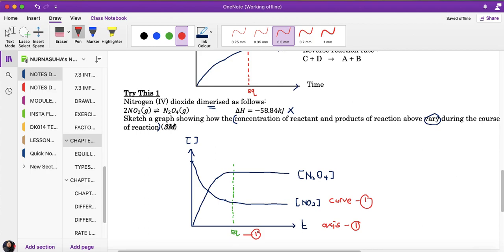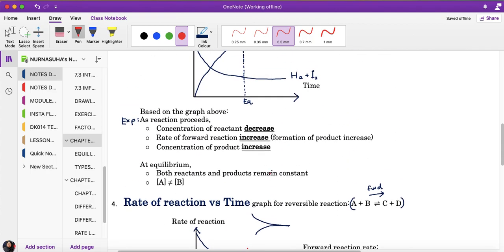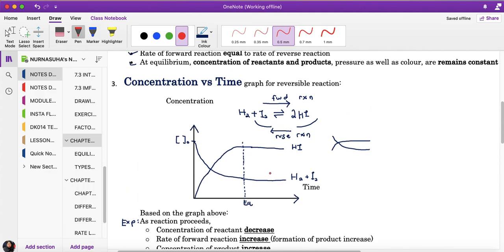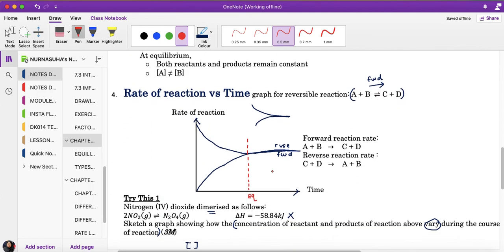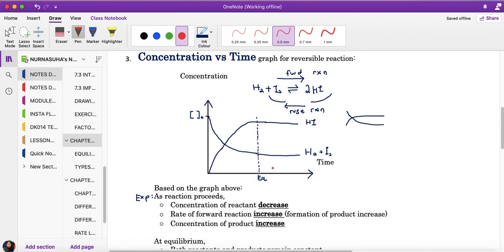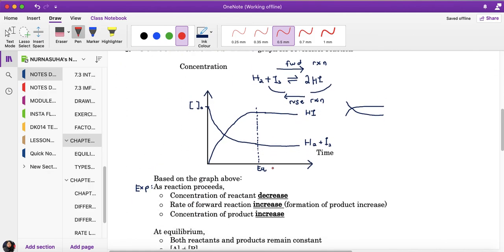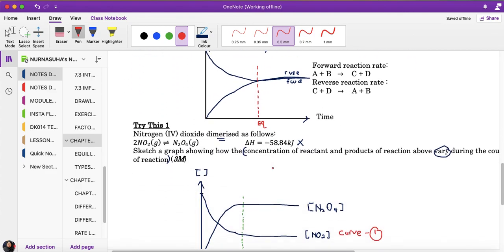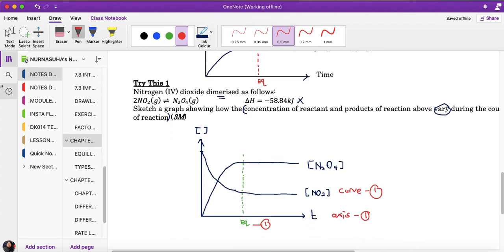So to put in a summary, basically you have 2 graphs that you have to know. First graph adalah graph of concentration versus time. Second one adalah graph rate of reaction versus time. So ingat, kalau yang first tadi dia graph gunting. Yang ni, concentration ni graph gunting. Okay, so let's proceed to the next one.